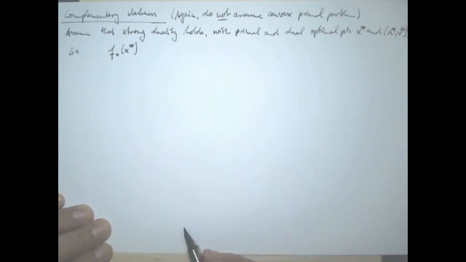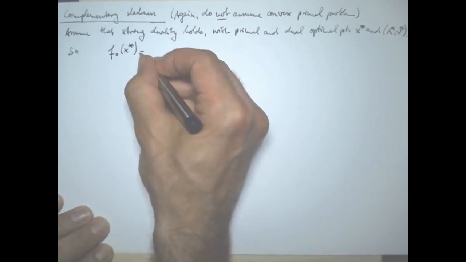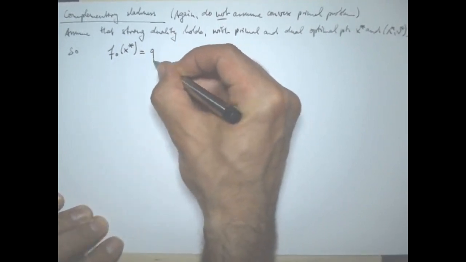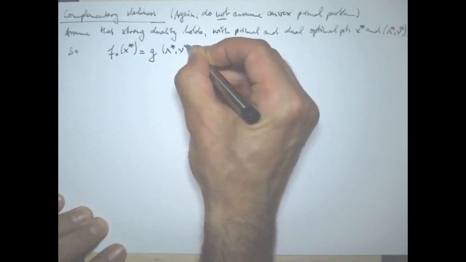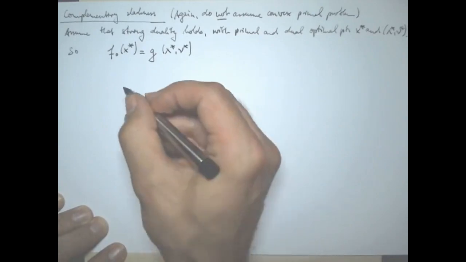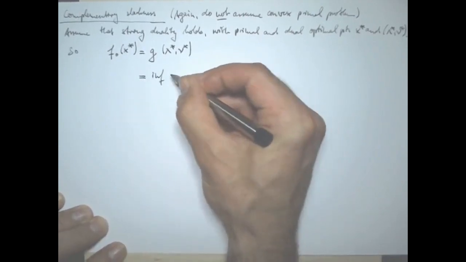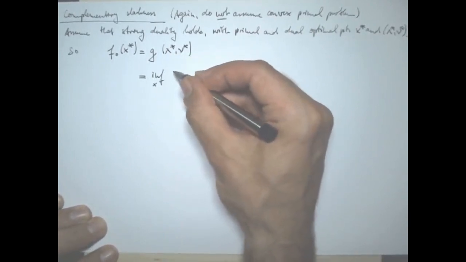Then I can write that given this assumption of strong duality, the optimum value of my primal problem will be identical to the optimum value of my dual problem. And I'm inserting the definition here of the dual function. It's the infimum over x of the following.